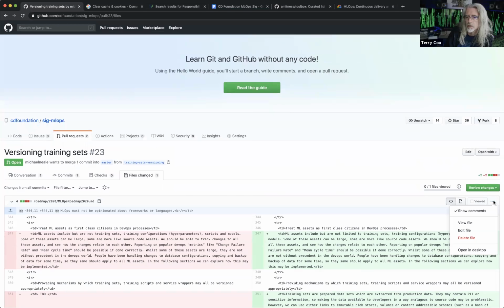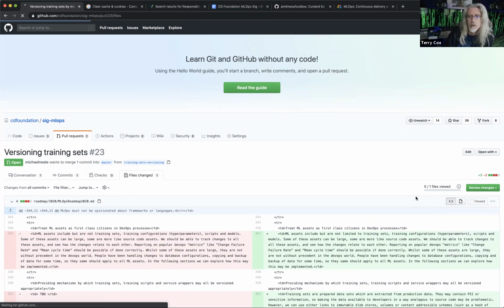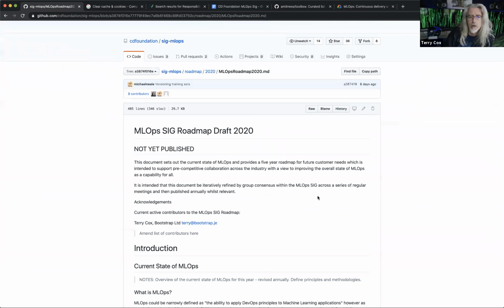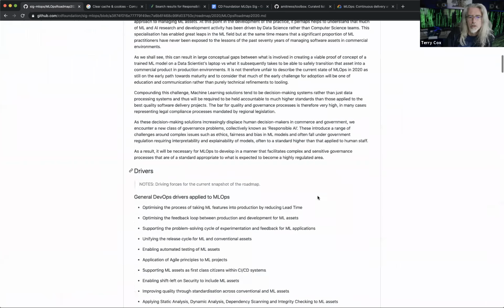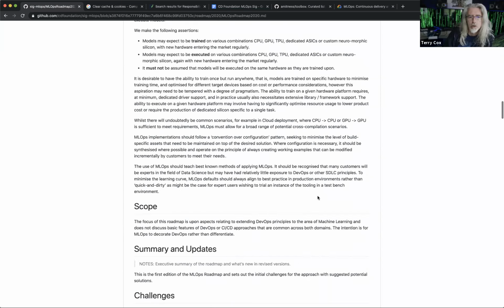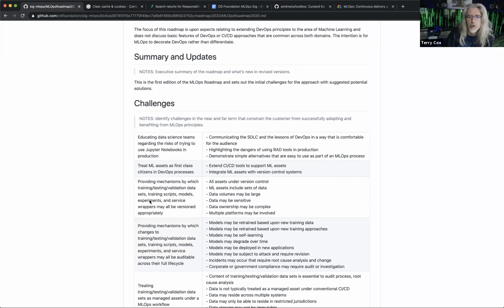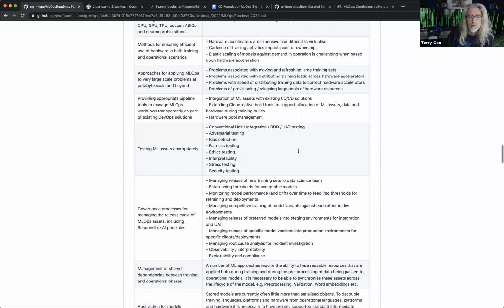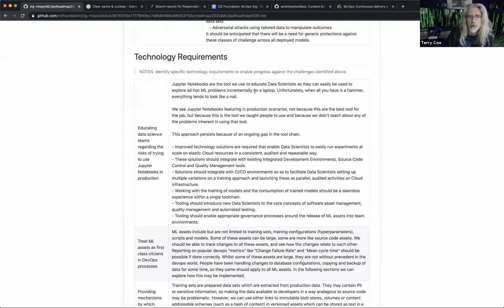And if we actually open the file, what we've got is the three sections, which are the challenges table, which is what's the problem. Then we've got the technology requirements table that we're updating at the moment, which is what are the technical requirements that are implications of the problem domain.